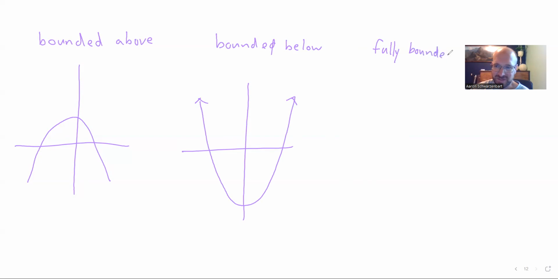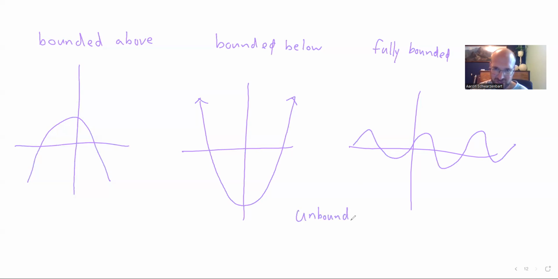Sometimes the book just says bounded. Means it has something like a top and a bottom. Unbounded has no top or bottom. That's the term we use for something that doesn't have a top or bottom.